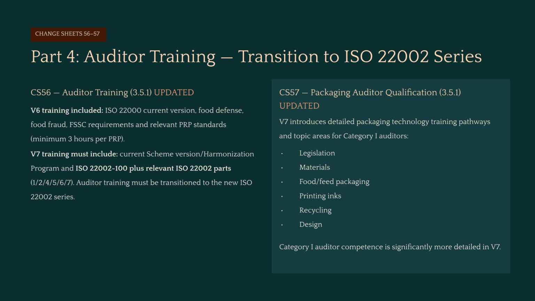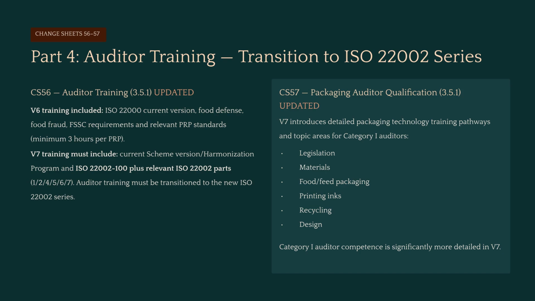For example, food manufacturing used ISO TS 22002-1, catering used ISO TS 22002-2, packaging used ISO TS 22002-4, transport and storage used ISO TS 22002-5, feed used ISO TS 22002-6, and retail wholesale used PAS 221.